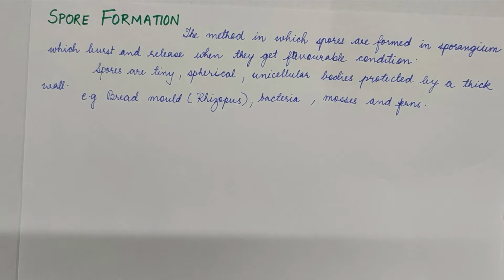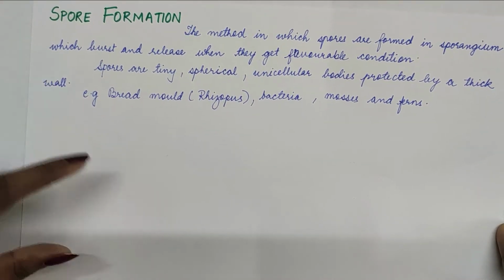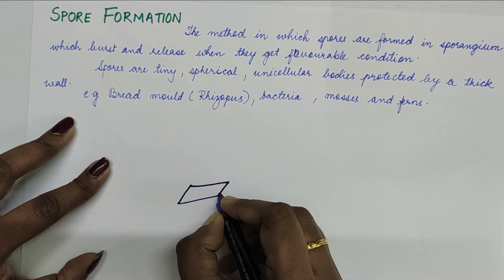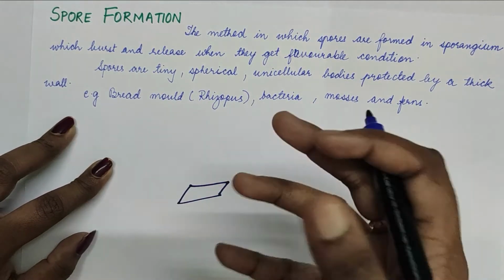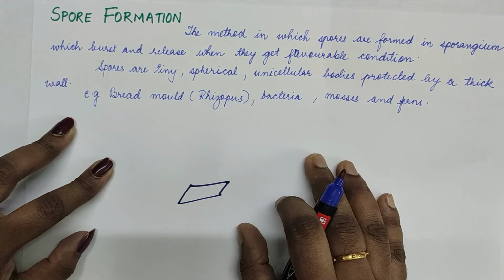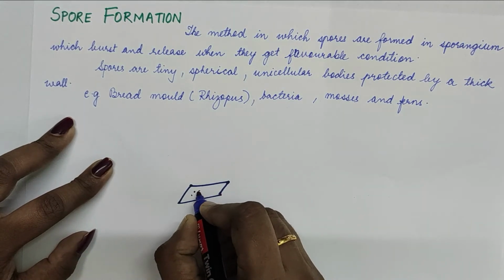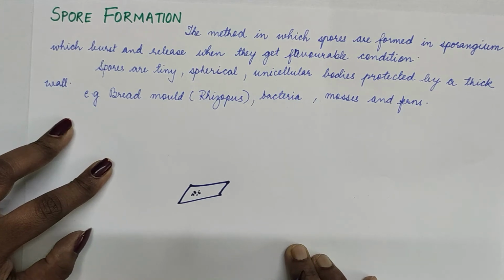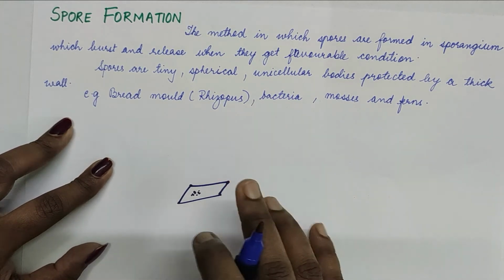That is spore formation. This method generally happens in bread mold. You might have seen that when bread is kept for some time, maybe in a wet place, or has gone old and stale, you can see some white powdery things developing on it. They are nothing but spores. Spores are produced in the sporangium.